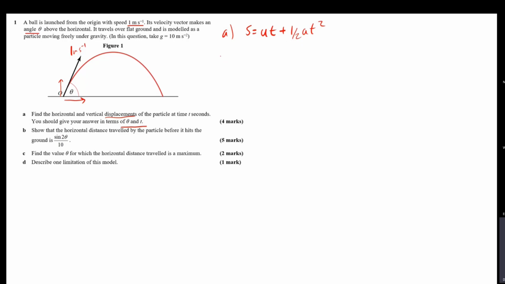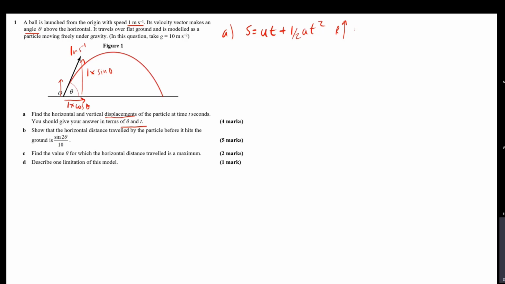If we resolve vertically first, in the vertical direction, that's the opposite, so that must be 1 times sine theta. We should remember that. And horizontally must be 1 times cos theta, which is obviously just cos theta.